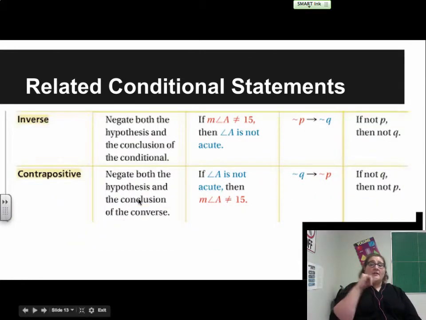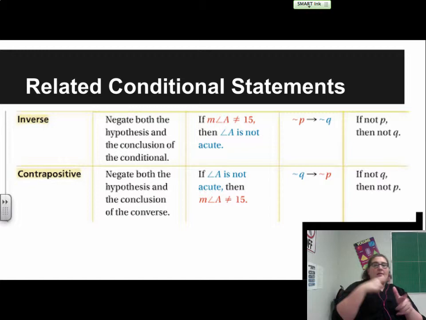We also have the inverse, which negates both the hypothesis and the conclusion, which in symbols is if not P, then not Q. And then the contrapositive, which says if not Q, then not P.